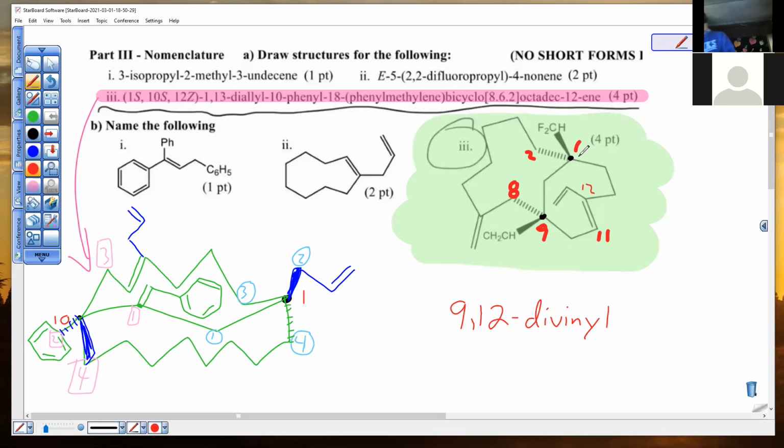What other group do we have? Well, we have a methyl with 2 fluorines on it. That's difluoromethyl, starts with F. 1-difluoromethyl.